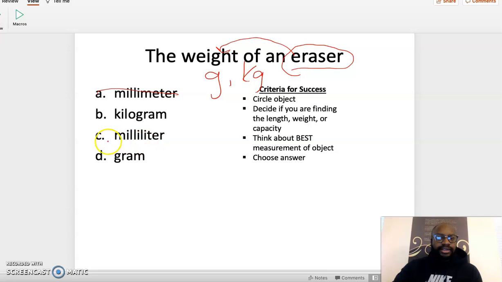Kilogram, milliliter, nope, neither is that, and gram. Okay, so which one of these makes the most sense? An eraser. We all have seen an eraser. We've used many erasers in school this year. An eraser is not that heavy, so I don't think I'm going to use a kilogram because that's pretty heavy. That's the size of a book. So I'm going to choose gram. So my answer for this one would be I'm going to use a gram.